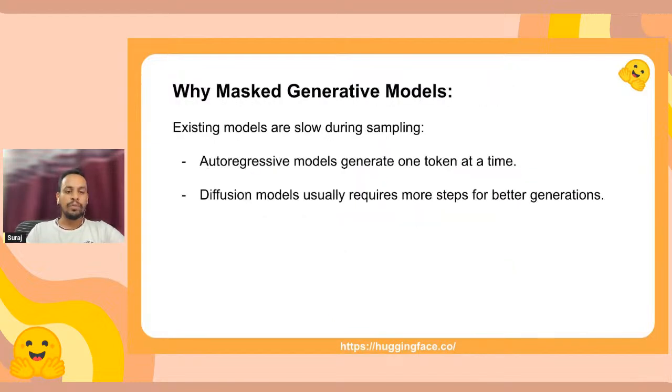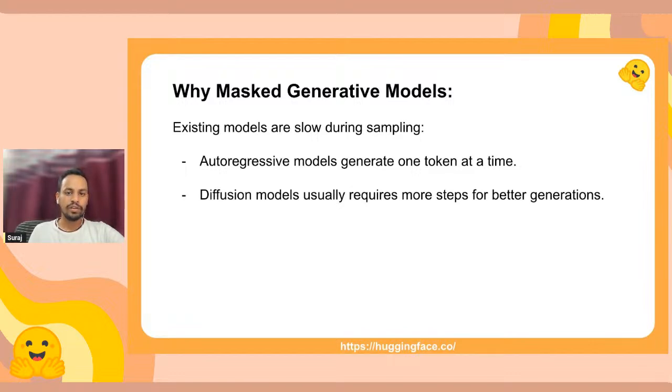But one of the limitations of both of these approaches is that these models are slow at sampling time. One side note here: the diffusion field is very fast moving, and we have some new methods like consistency models and distillation, which can bring down the sampling time by a lot. But right now, if we take Stable Diffusion, we need to do at least 20 or 25 steps to get good generations.